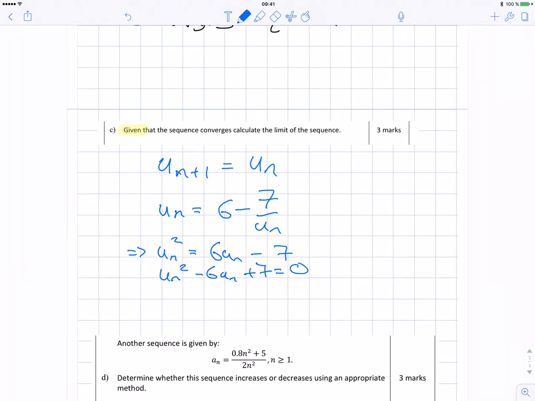So I'm going to solve this as if it was some sort of quadratic, which it kind of is.